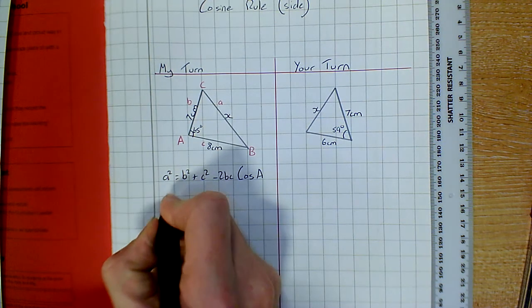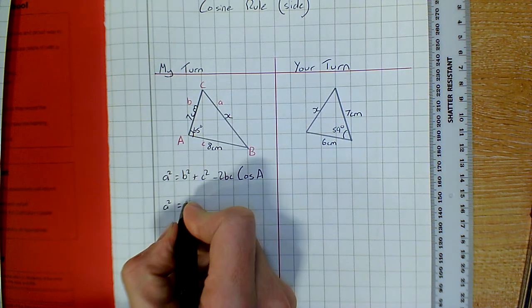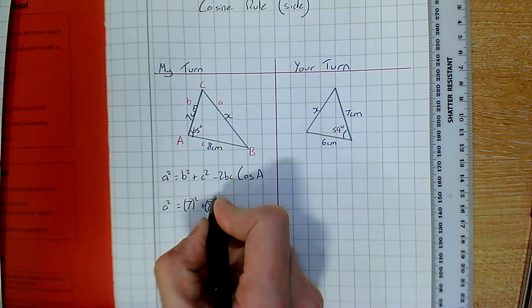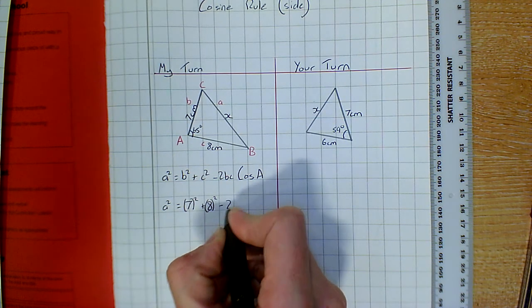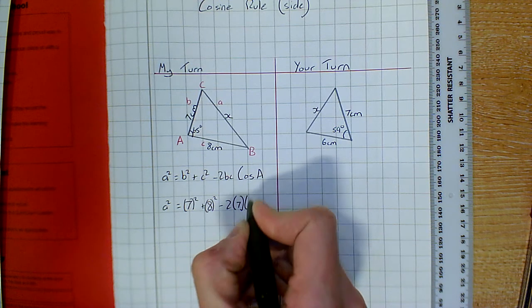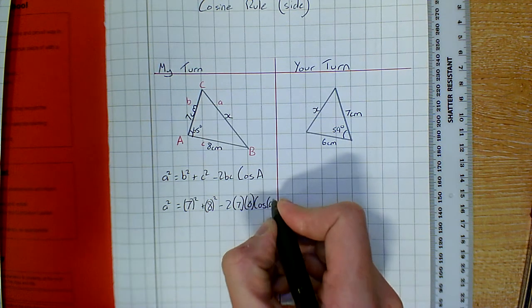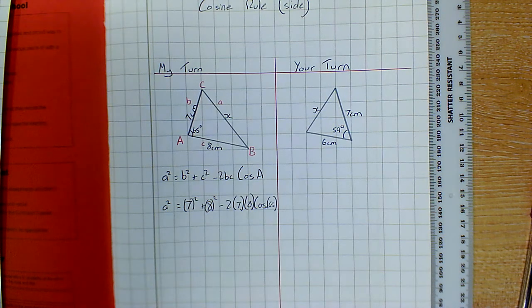So a squared is 7 squared plus 8 squared minus 2 times 7 times 8 cos angle A, which is 65 degrees. Cos 65.